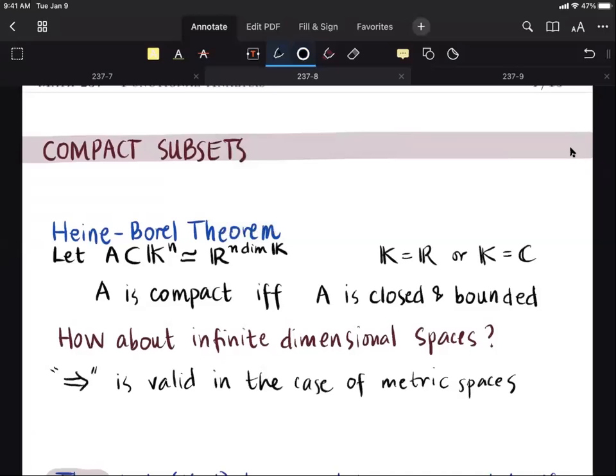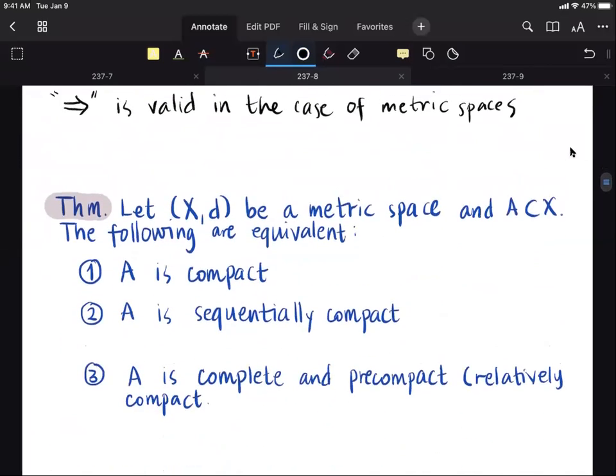So to proceed, before considering specific examples, let us discuss the following theorem that serves as an alternative criterion or characterization of compact sets in a metric space.